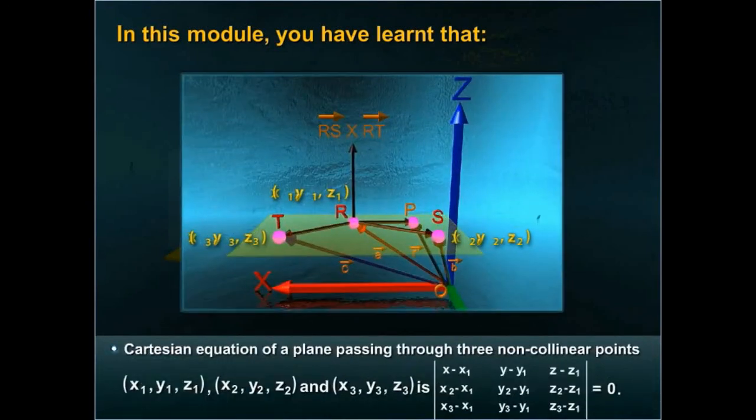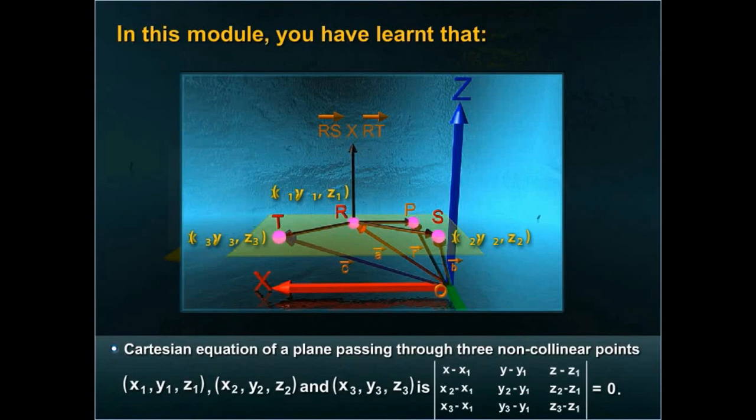The Cartesian equation of a plane passing through three non-collinear points x1, y1, z1, x2, y2, z2, and x3, y3, z3 is the determinant in which elements of the first row are x minus x1, y minus y1, z minus z1.